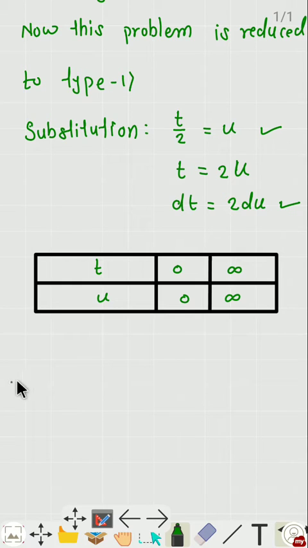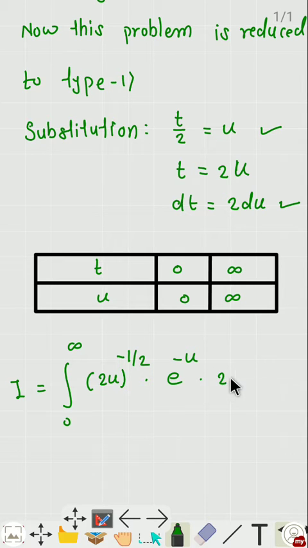Therefore the value of integration I is equal to integration from 0 to infinity 2u raised to the power minus 1/2 into e raised to the power minus u into 2 du.